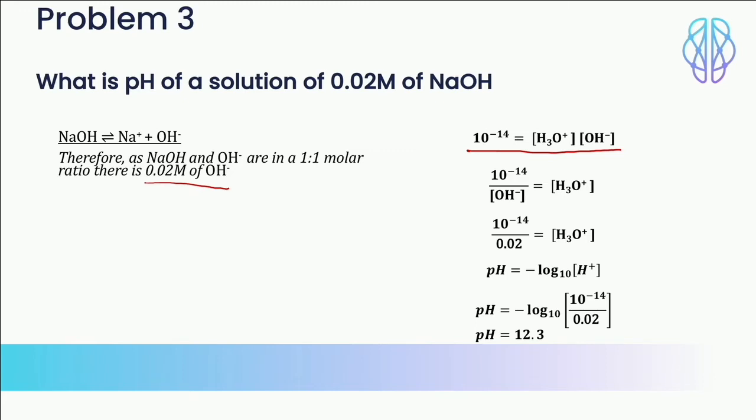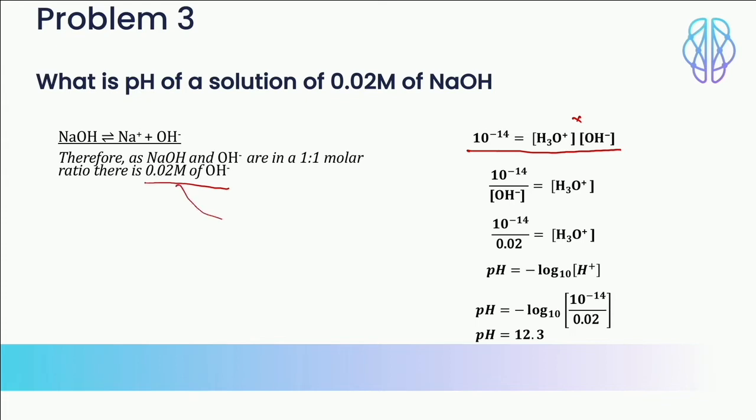So if you do some basic math, you move the OH under and you get the concentration of H3O plus equals 10 to the power of minus 14 divided by the concentration of OH minus, because these two are being multiplied together in the original equation. So if you bring it over to the other side, it becomes a division.